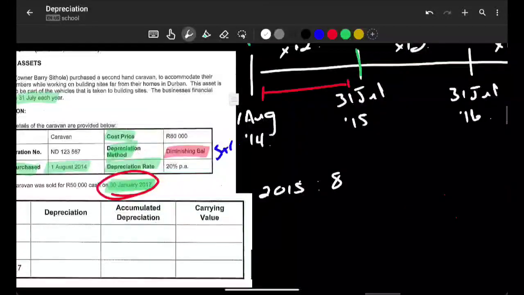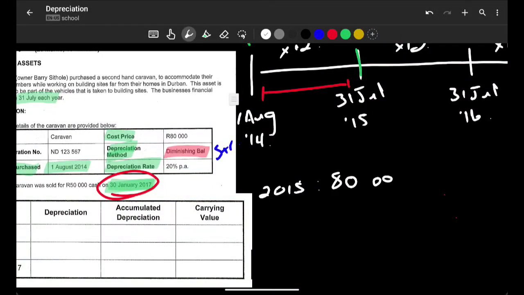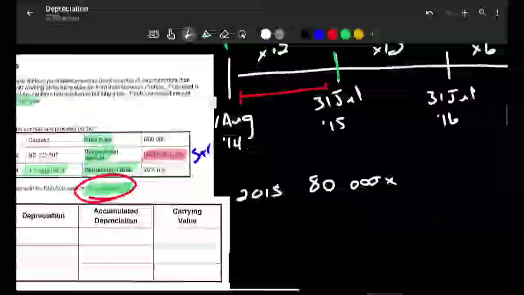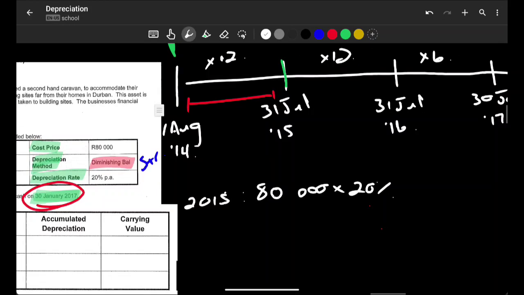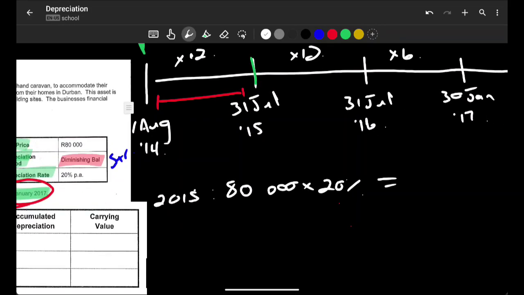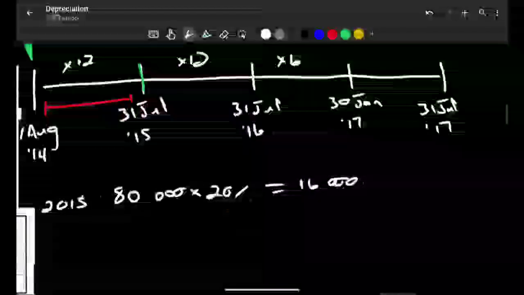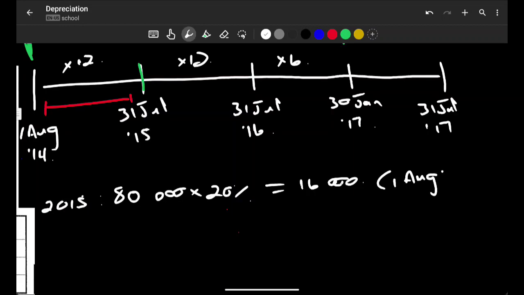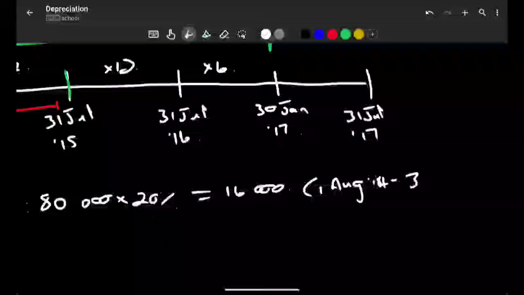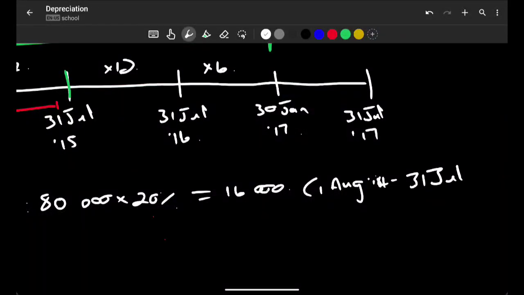So cost price is 80,000 multiplied by our depreciation rate of 20%. And remember, this activity we're doing straight line and not diminishing method, so our answer there will be 16,000. It's going to give us 16,000, right? And then this is the period from 1 August 2014 I mean to 31st July 2015, right? That is that.